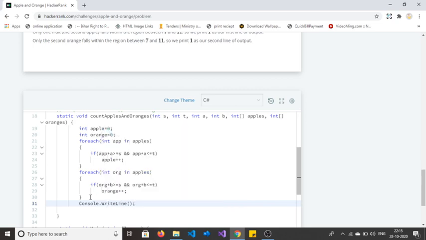I will use WriteLine because we need to print on separate lines. Console.WriteLine apple, and now WriteLine, now I am printing orange.